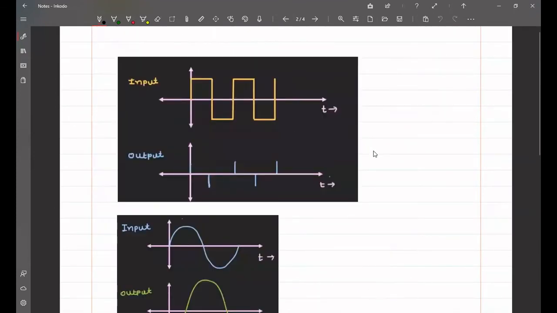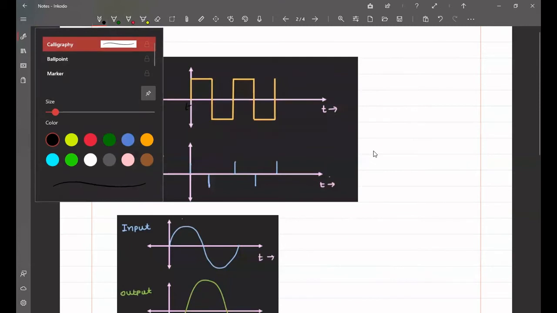Okay, so when we give a square input to the op-amp, you will get a pulsed output. Because when you give a square input, the input variation is happening at time t equal to 0.